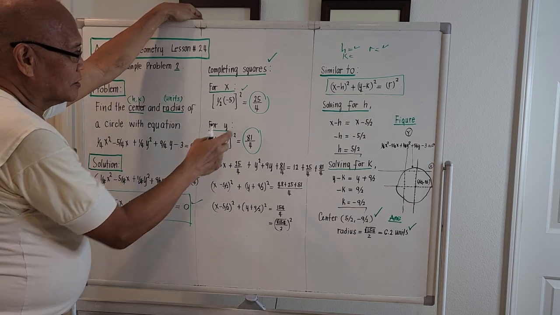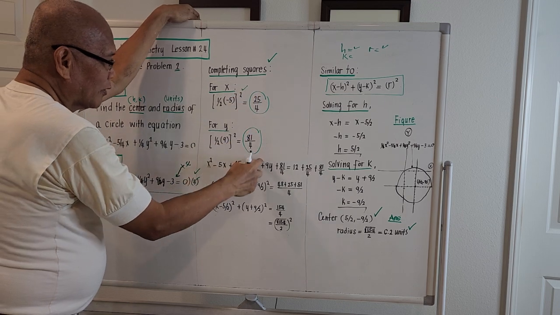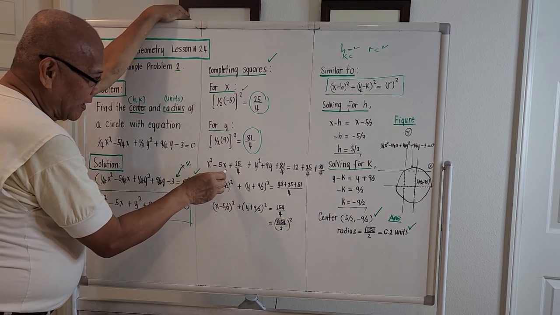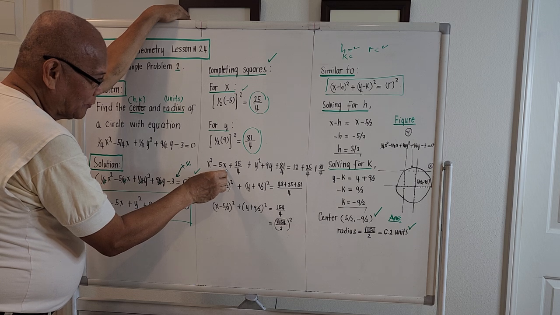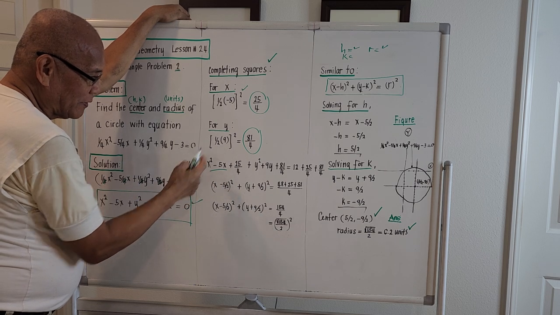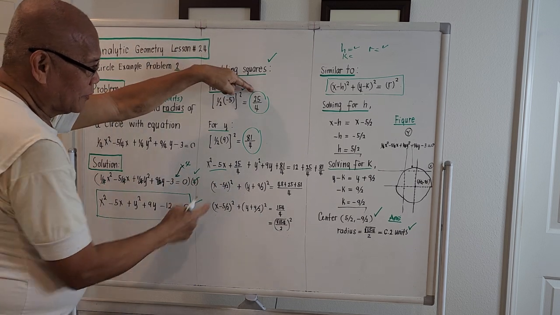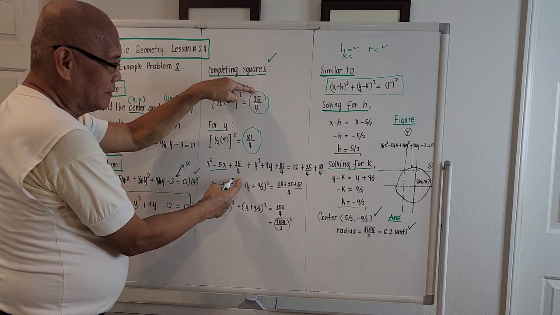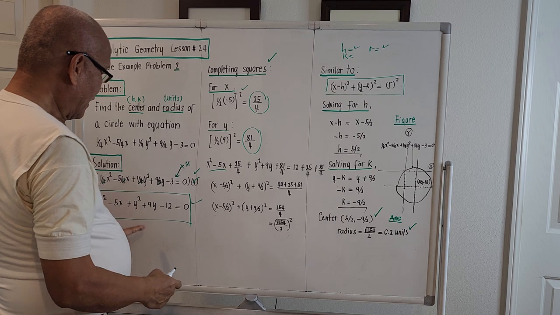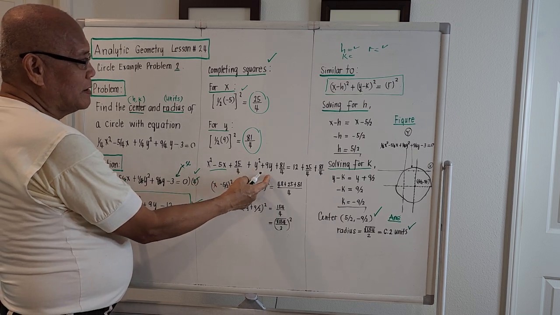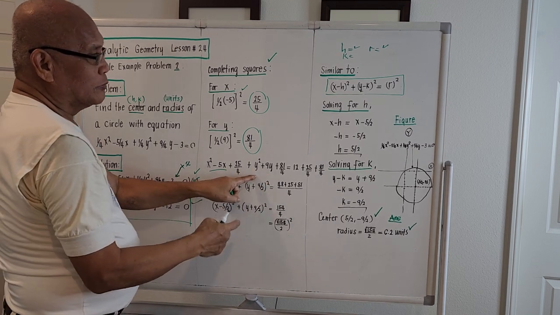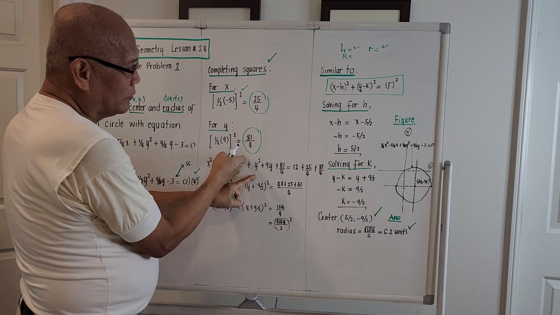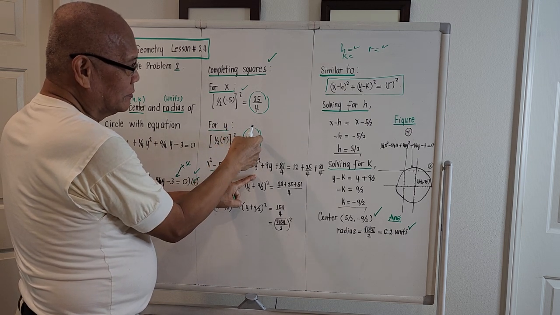So adding this 25 over 4 and 81 over 4 to the left hand side, I will rewrite the given original equation for x, that will be x squared minus 5x. I will add 25 over 4 to make it a perfect binomial later on. Plus I will rewrite y squared plus 9y. And for the y term to become a perfect binomial later on, I will add 81 over 4 as per our computation.